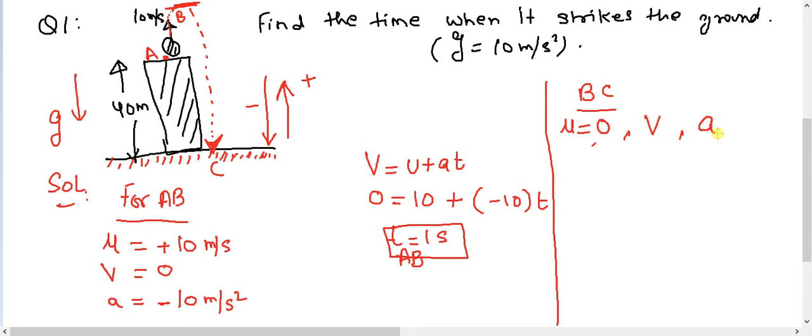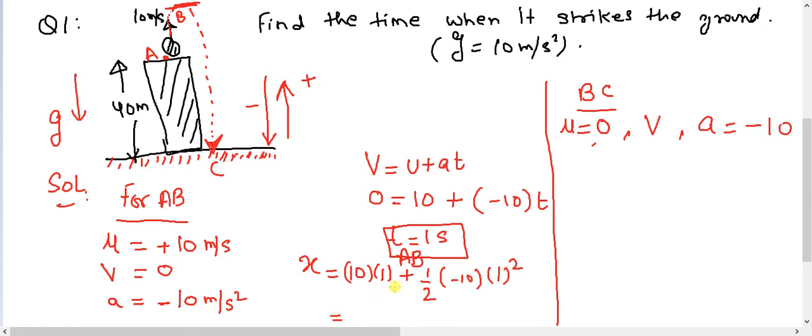And acceleration due to gravity is downwards, so what is the acceleration this time? It's again minus 10. Okay, and we need to calculate the time. Let's apply it. Do you know the distance? No. First we'll calculate the distance from A to B. Displacement in this case will be S = ut + half a t square.